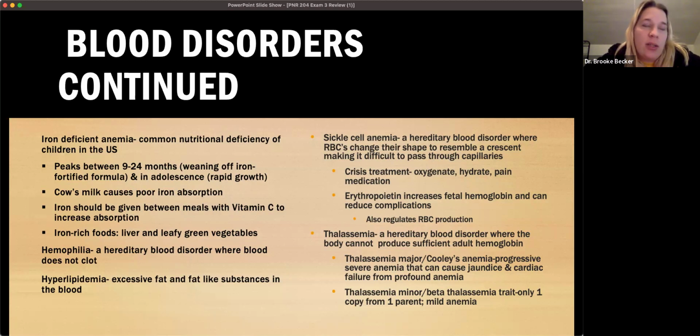So if kids are in sickle cell crisis, they need to be making sure that they're getting plenty of oxygen, that they're hydrating, and that they're receiving pain medications, because it's really painful. Erythropoietin increases fetal hemoglobin, which can help reduce complications of anemias.